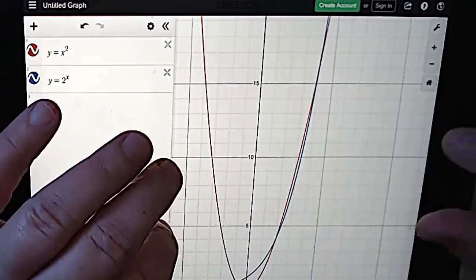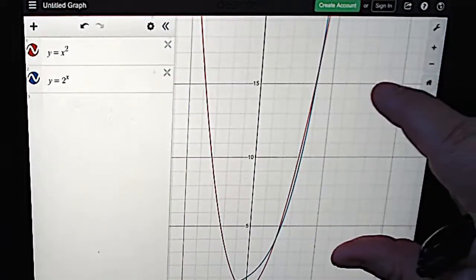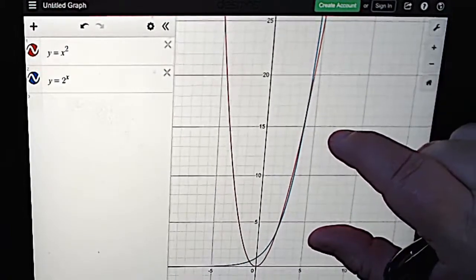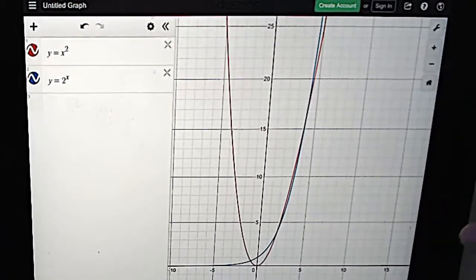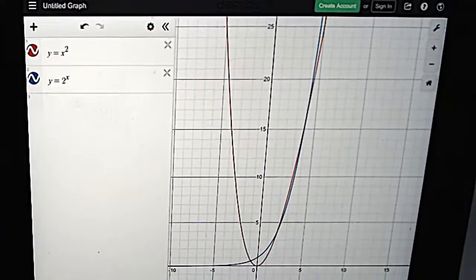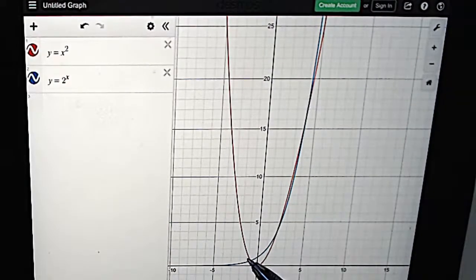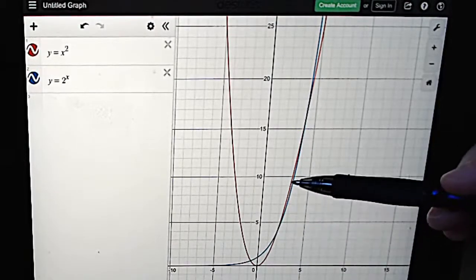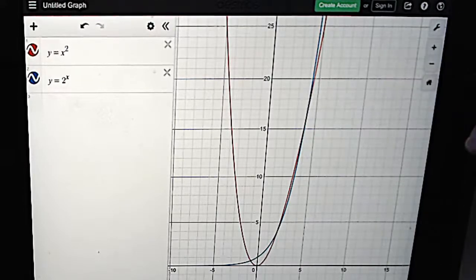Let me see if I can. Unfortunately, my iPad is too small to show this to you. Can you see that? I'm not sure you can in the video, but look at what happens. The red curve, the x squared, the parabola, they intersect right there. So at the point 2, 4, they intersect, and the parabola pops up on top.